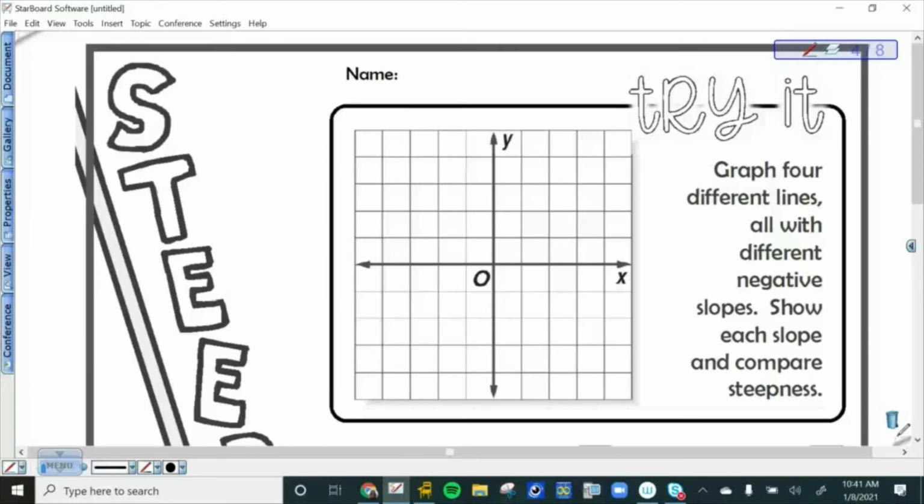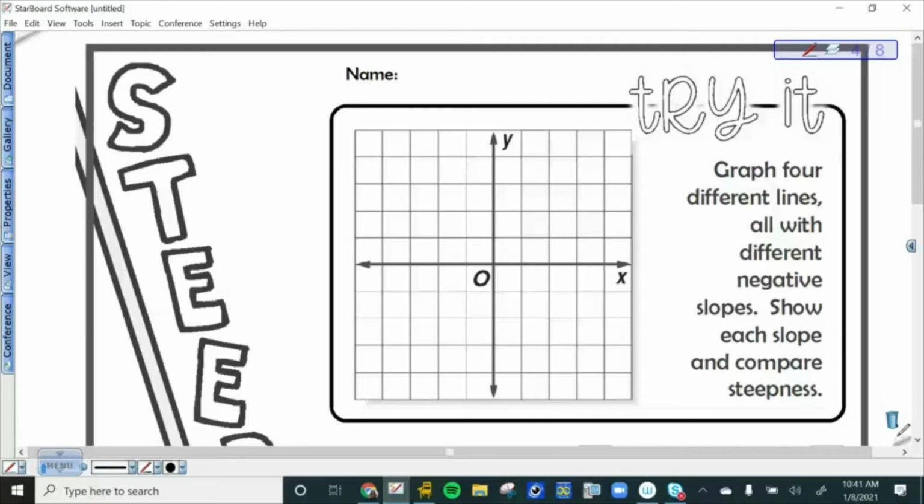Okay, I want you guys to try this. Graph 4 different lines, all with negative slopes. Negative lines go down from left to right. Show each slope and compare the steepness.